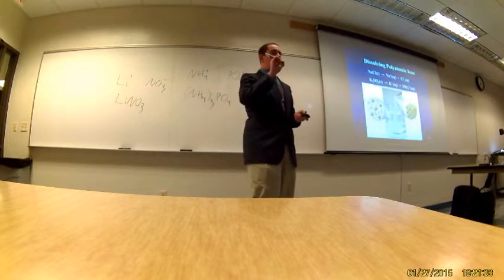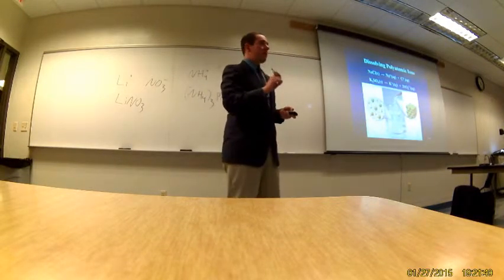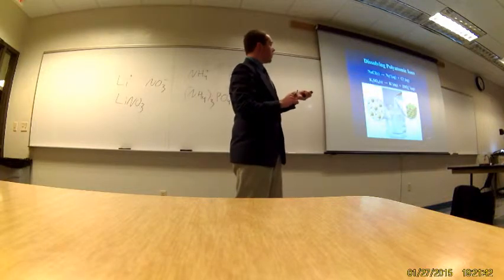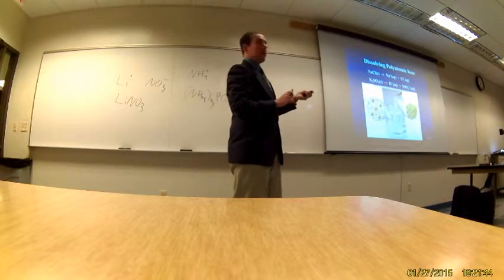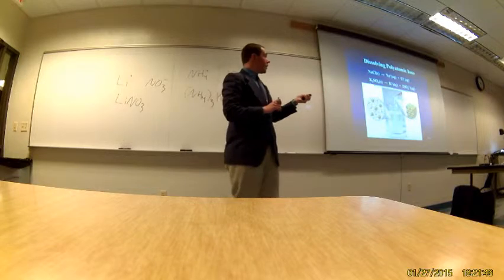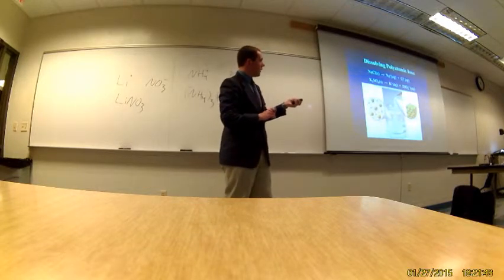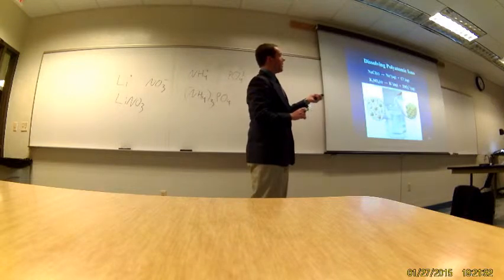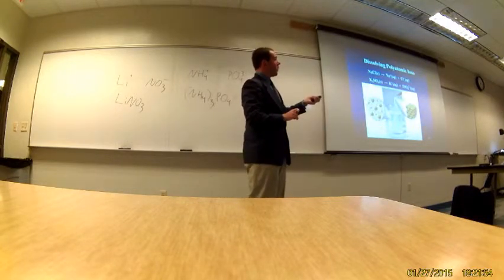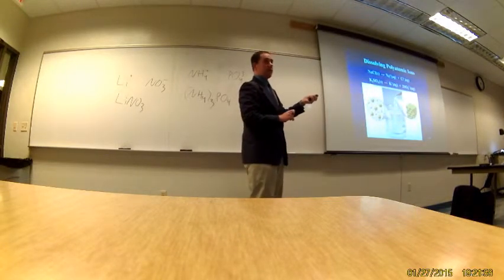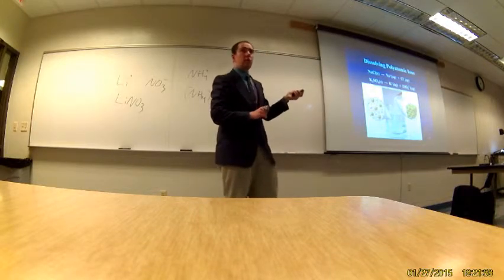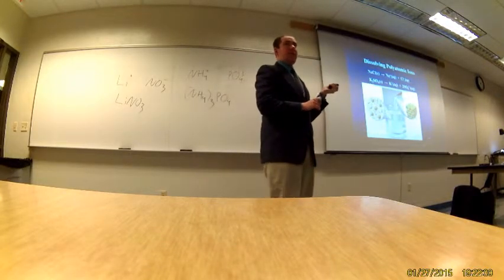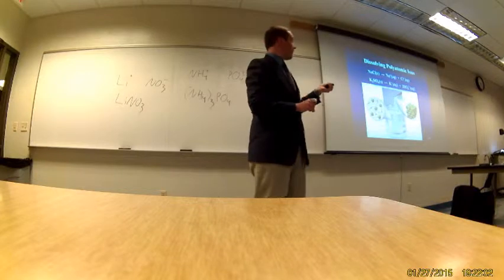The number of ions that you get out of that are exactly equal to the subscripts on them. So we get 2 potassium ions, 1 sulfate. They put the 2 in the wrong spot. Fix it on your slides so you don't confuse yourself later.